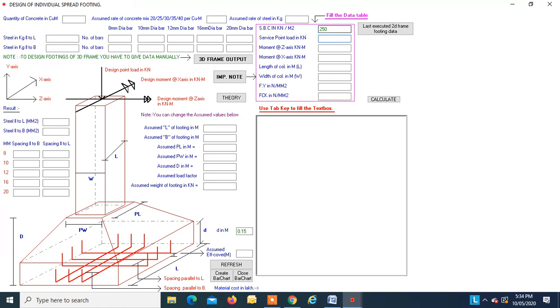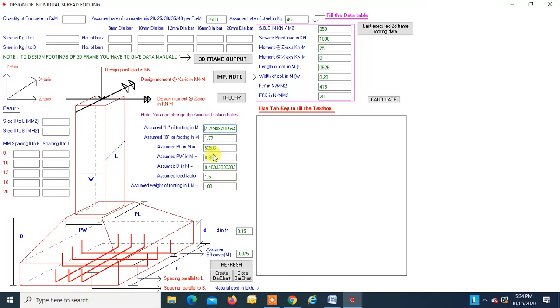Service load is 1000. Service moment is 75. The other service moment is 0. Length of column is 0.525 meter. Width of column is 0.23 meter. Fy is 415. Fck is 20. So the program gives a footing size, length and width.